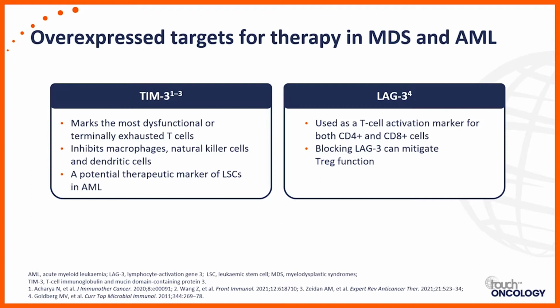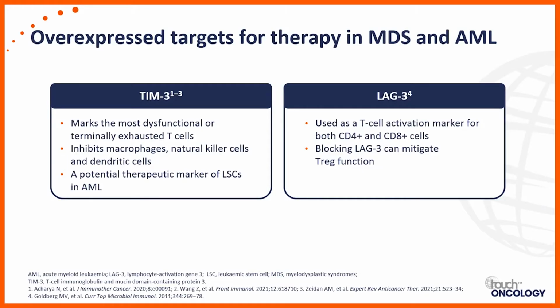And it's not only expressed on the T and immune cell compartment, it is also expressed on the aberrant progenitor and stem cells, with the significant overexpression in high-risk MDS and AML compared to the normal counterparts. So this TIM3 is also therefore an attractive target, not only of the imbalanced immune part of the bone marrow, but also targeting the progenitor cell itself.